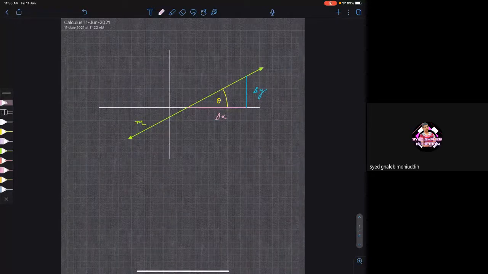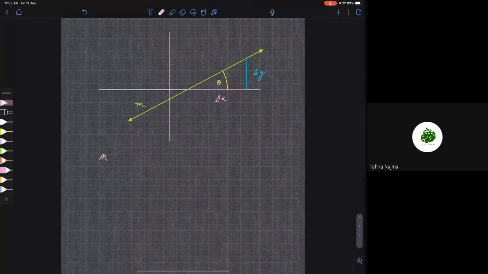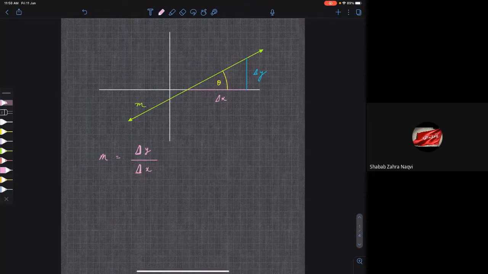Slope of any line: y2 minus y1 upon x2 minus x1. Very good. So slope of any line is given by delta y by delta x, which is nothing but y2 minus y1 by x2 minus x1. Do you agree? Now, in the diagram above, you have a green line.